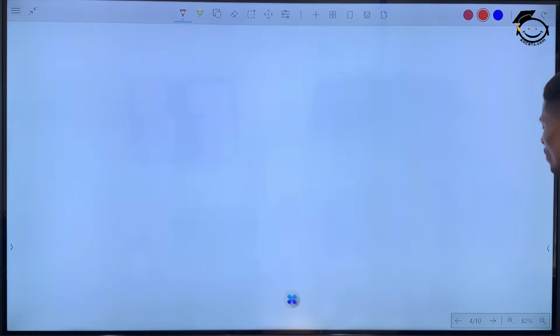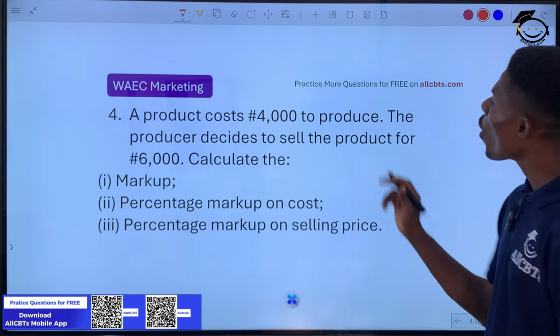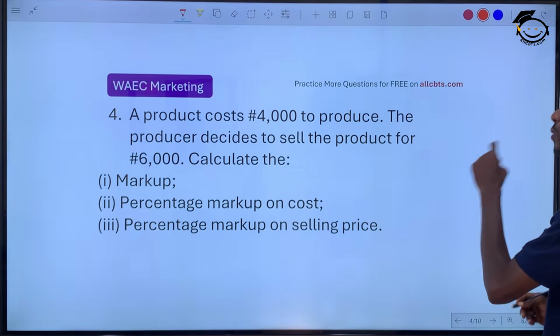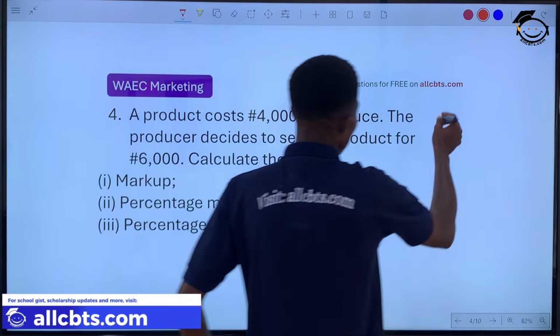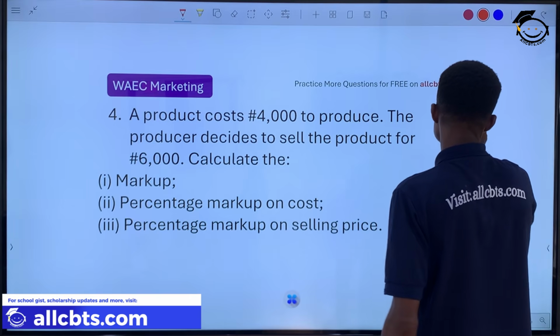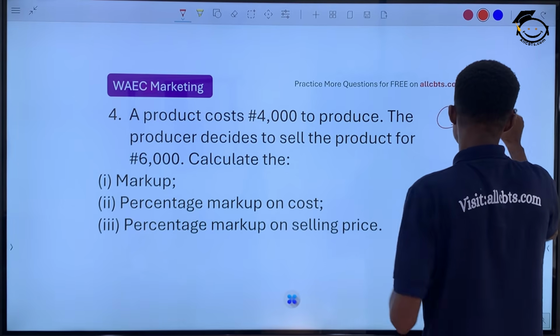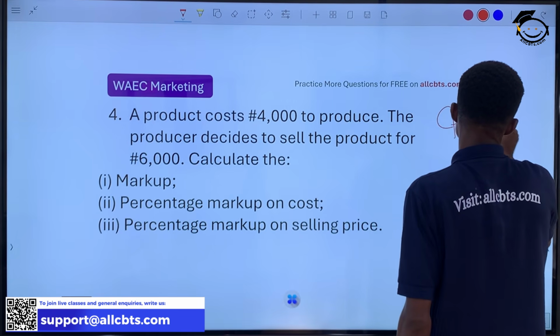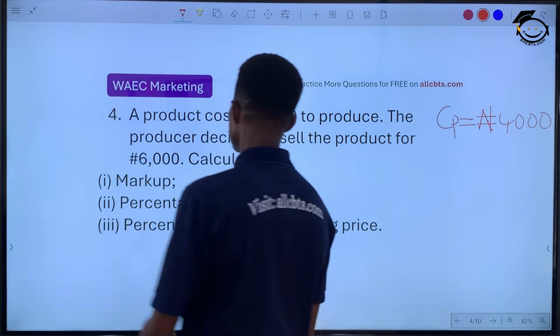Let's go to the next question. Question 4. A product costs 4,000 naira to produce. So we have the cost price. Let me write it here. The cost price we can represent as CP. That's 4,000 naira.